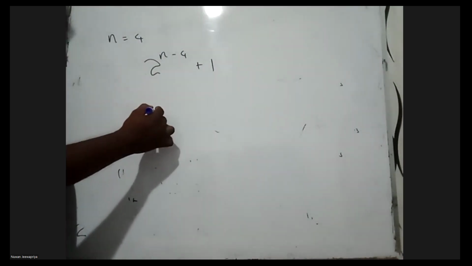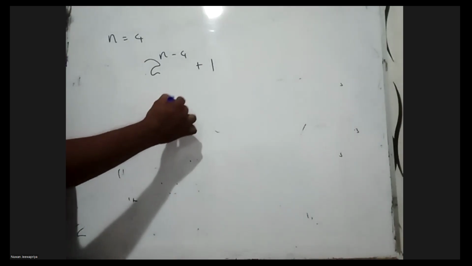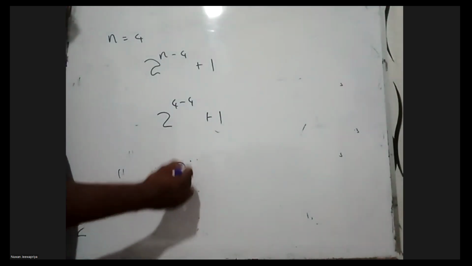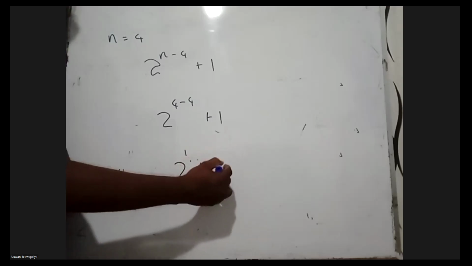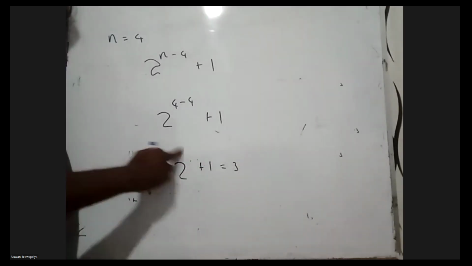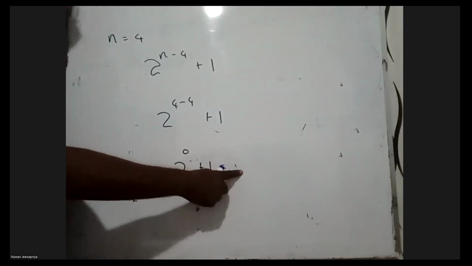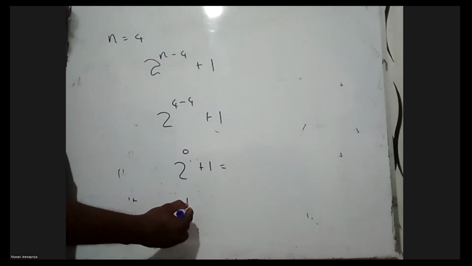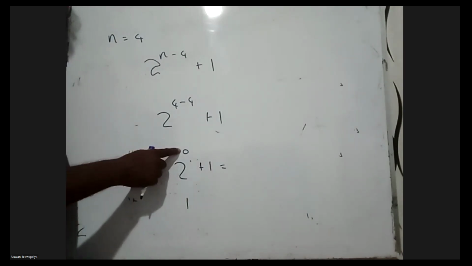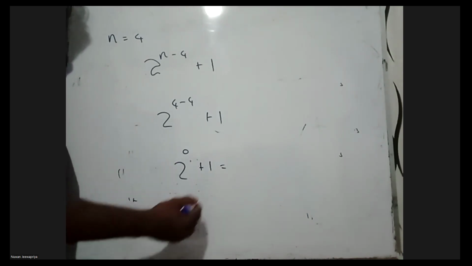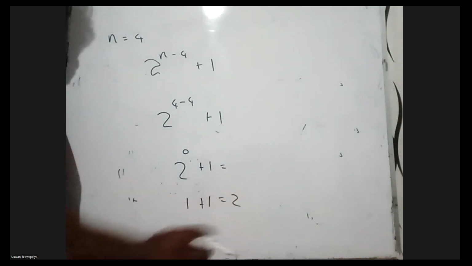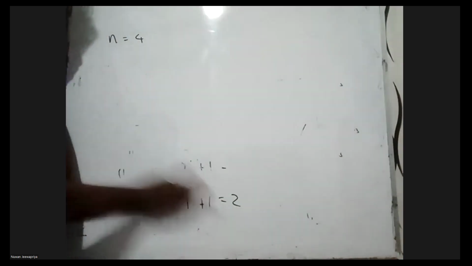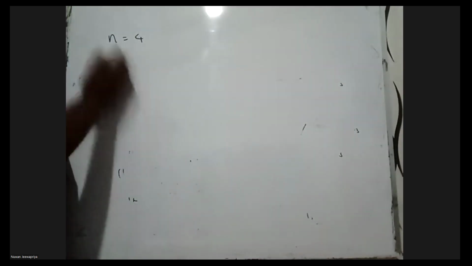So 2 to the power 4 minus 4, plus 1, which is 2 to the power 0 plus 1. 2 to the power 0 means 1. Any number to the power 0 is 1. You know that in maths. 1 plus 1 is equal to 2. So the maximum number of isomers that can be drawn is 2.